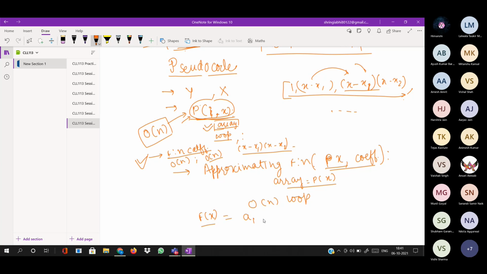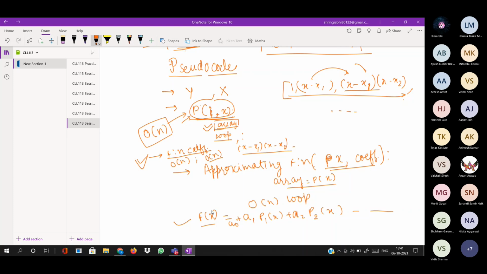A1 times p1x, plus a2 times p2x, plus a naught, and so on, isn't it? Yes, sir. So that's how we calculate the approximating function in this.